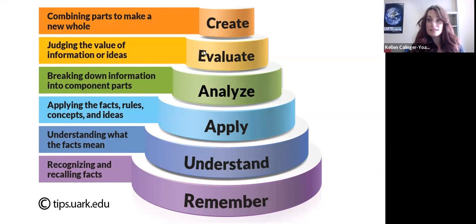Moving up from analyzing is evaluating. So essentially being able to judge the quality of information, the quality of ideas. So if I give you two different methods for assessing a problem, you can tell me which method would be superior given the context for the study that's being discussed. The very highest level of Bloom's taxonomy is creation.